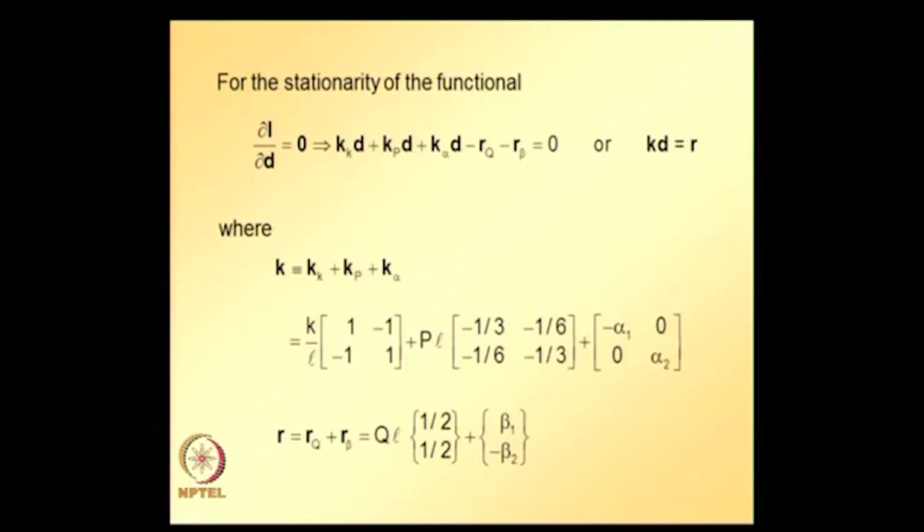For example, if a natural boundary condition is specified only at node 1 of an element, then the alpha 1 beta 1 terms must come from natural boundary conditions, and alpha 2 beta 2 are going to be 0.